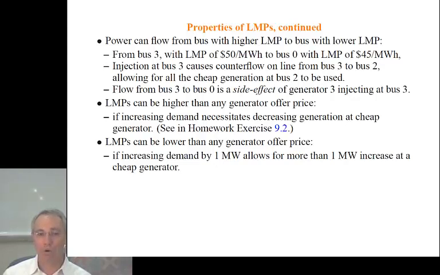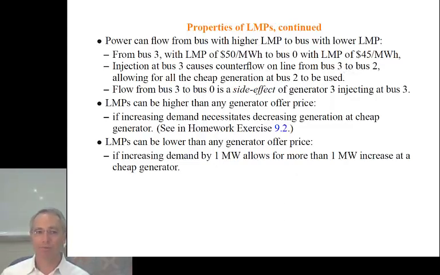That allows for all of the cheap generation at bus 2 to be utilized. The flow from bus 3 to bus 0 is actually a side effect of the generator injecting at bus 3. If we could change the shift factors, we'd change them in such a way as to decrease the flow from bus 3 to bus 0 and correspondingly produce more counterflow on the line from bus 3 to bus 2.